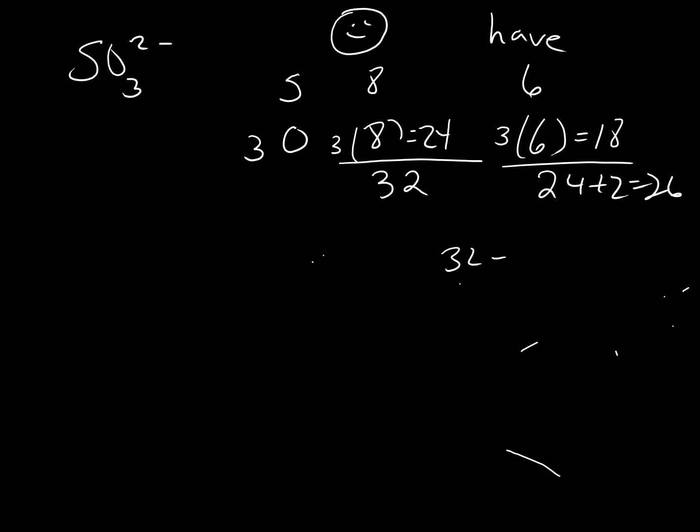So 32 minus 26 divided by 2 is 3. 3 bonds. 3 bonds and 4 atoms. What does that tell me? They're all single bonds. Now, sulfur and oxygen are places that want to make 2 bonds.